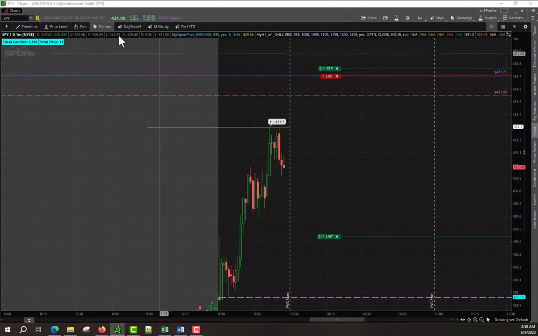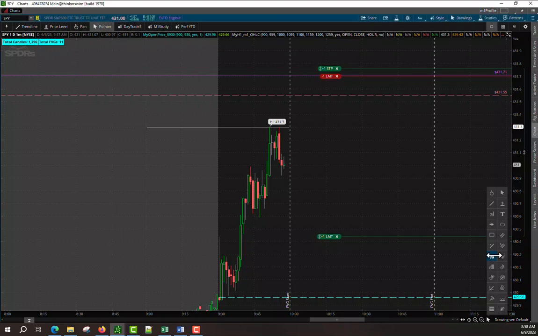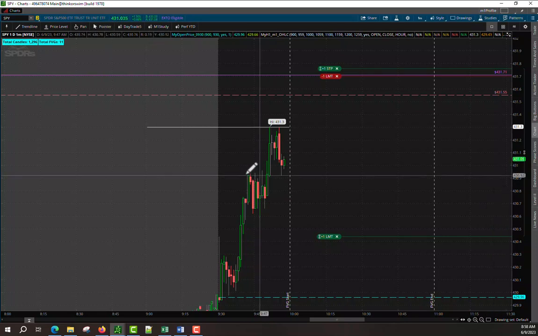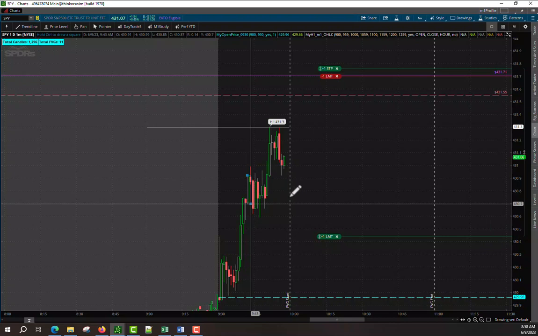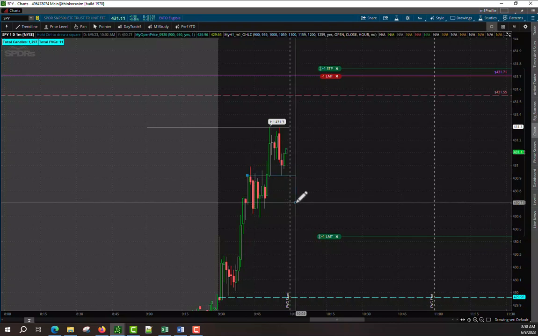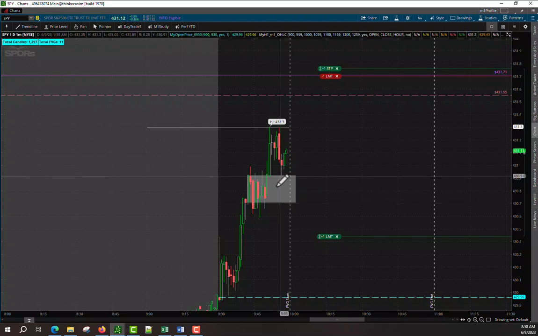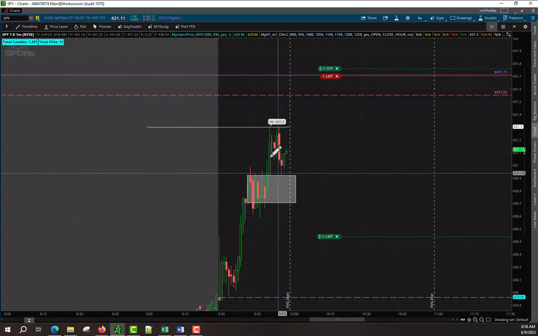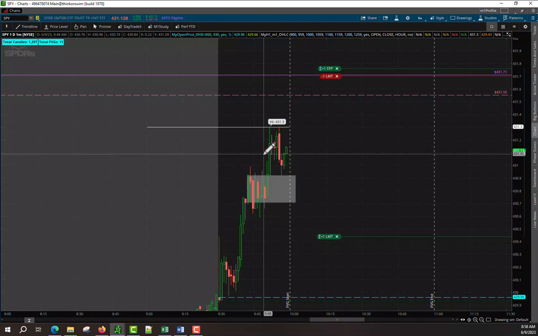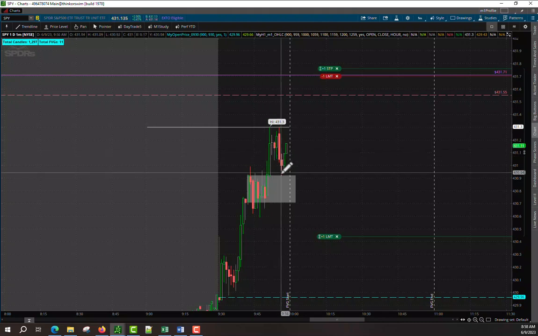Let's see. Let's draw right here. Okay, so we can mark it as a bullish breaker, and we see the fair value gap right here. And the retest. So this is the retest if we want to enter a long position.